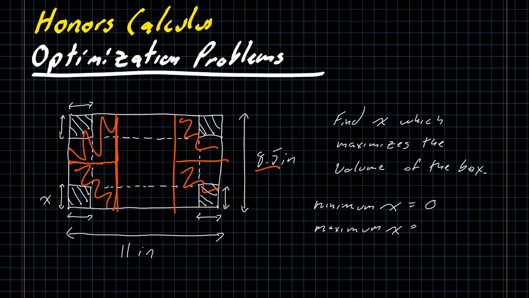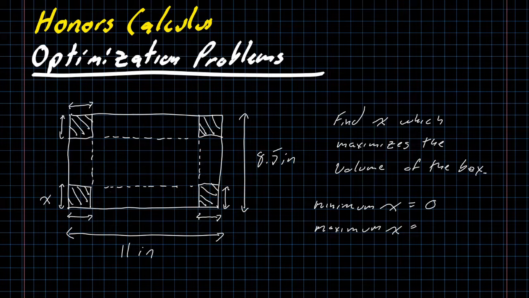Since the shorter length is 8.5, the maximum cut that you can take is half of that. So 8.5 over 2, which is 4.25. All right, so we know that x is somewhere between 0 and 4.25. That gives us something to work with.